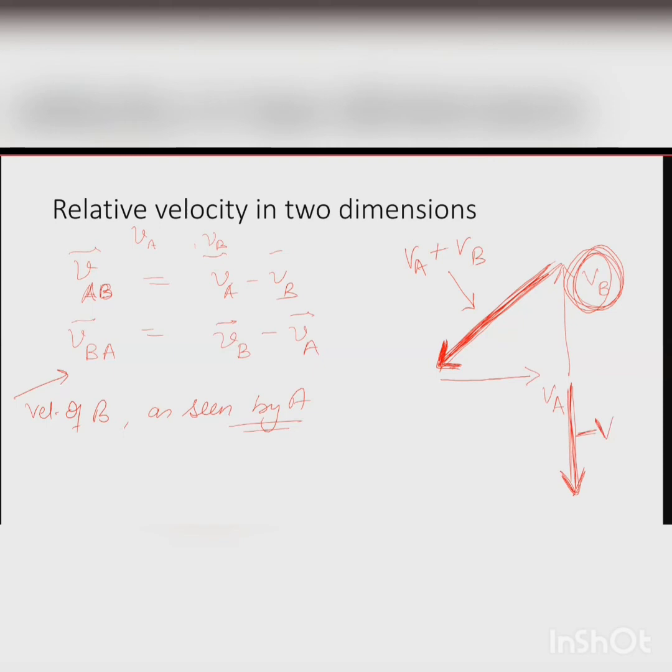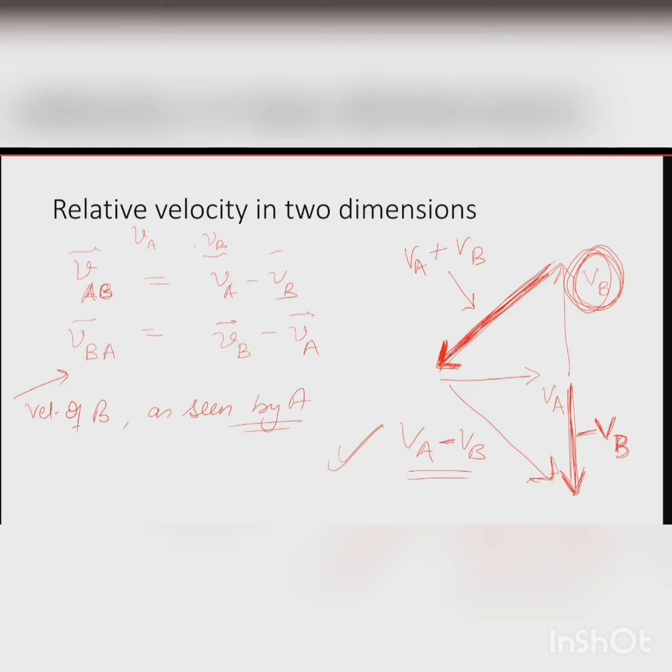Now I have taken VA and this is the negative of vector B. Now if I add them, the closing side will give me VA minus VB. This will give me the relative velocity of A as perceived by B. Got it? How we are finding the relative velocity of A with respect to B? Yes, ma'am.